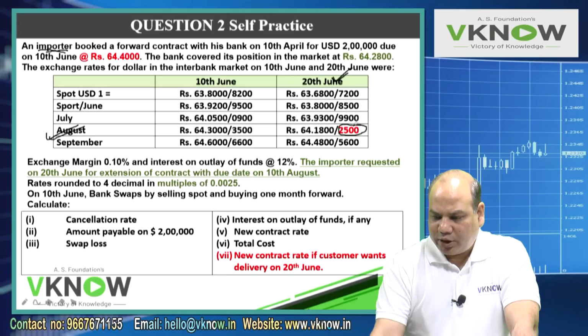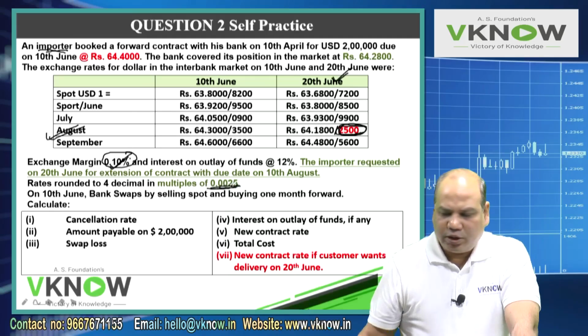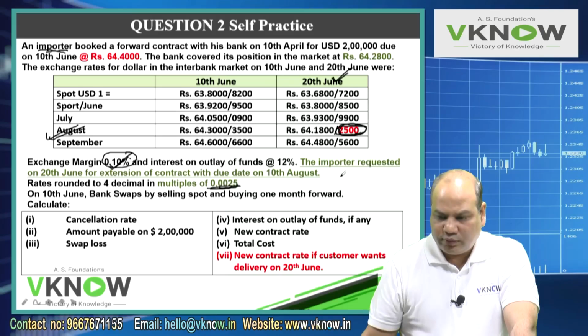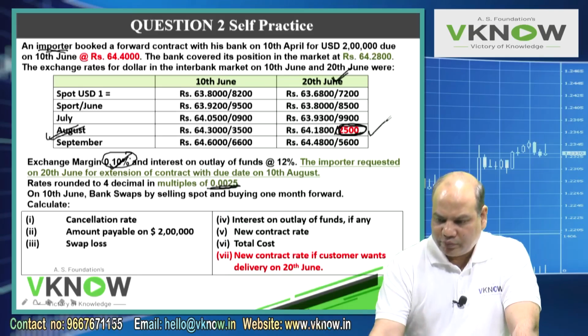The applicable rate will be interbank selling rate plus margin 0.10%, and then you will round off by applying the concept of 4 digits multiple of 0.0025. So take this rate, add margin this time because the bank is selling, and round off.